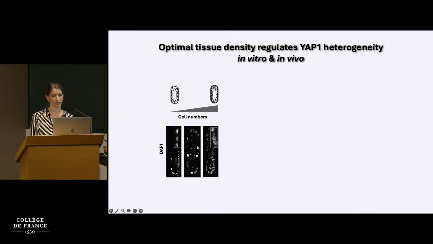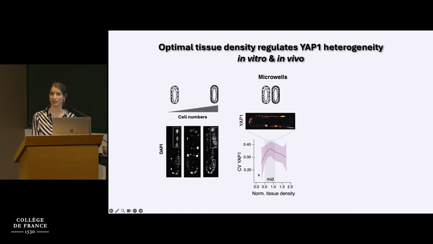Here you can also see an example of the nuclear stain. Using this system, we functionally perturbed tissue density, and interestingly found that again the peak of coefficient of variation is at this intermediate tissue density.